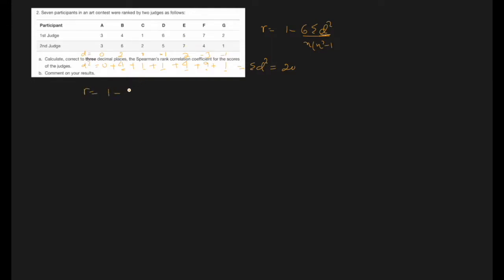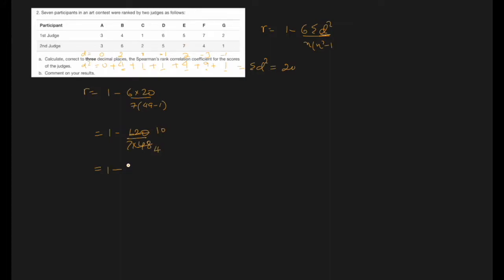So what does R come out to be? It is 1 minus 6 sigma d squared, which is 20, over n. There are 7 in total: 1, 2, 3, 4, 5, 6, 7. And 7 squared is 49 minus 1. So 120 over 7 times 48. We can divide it by 12.